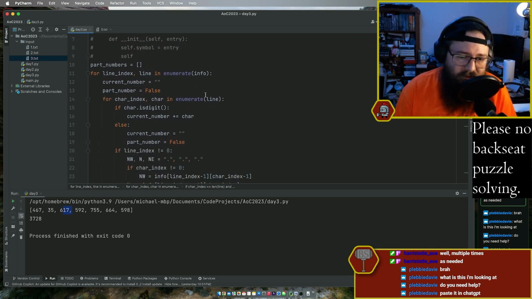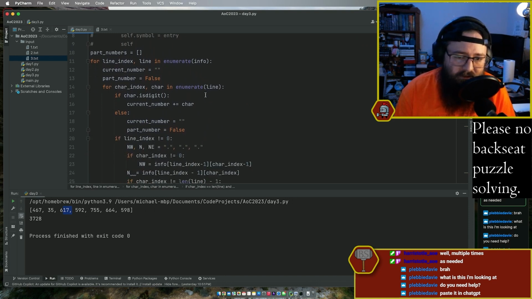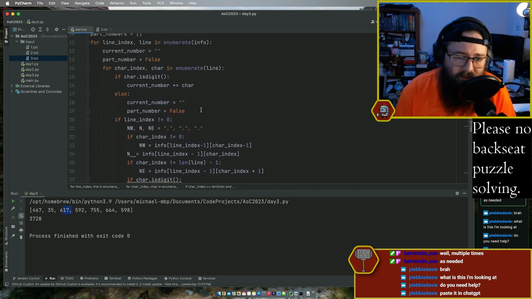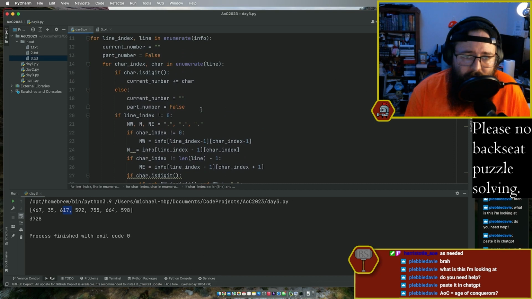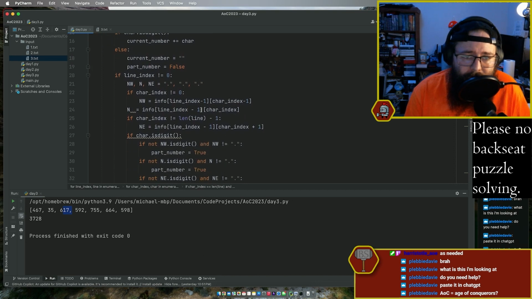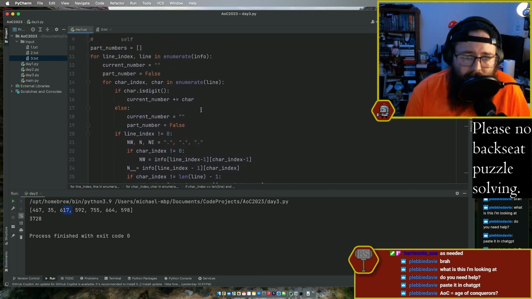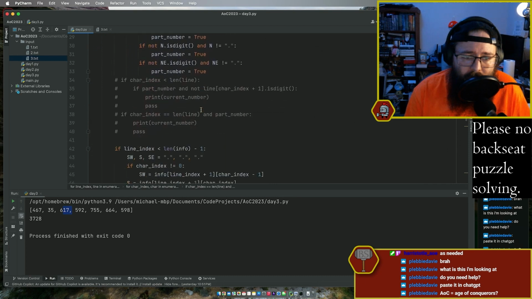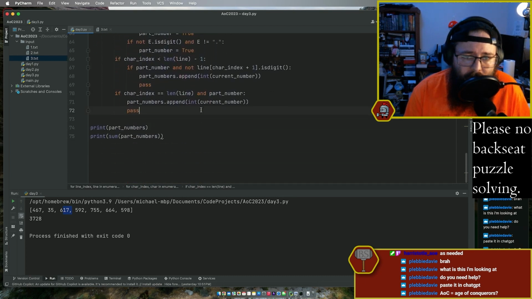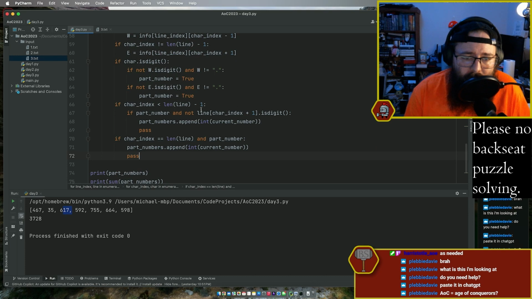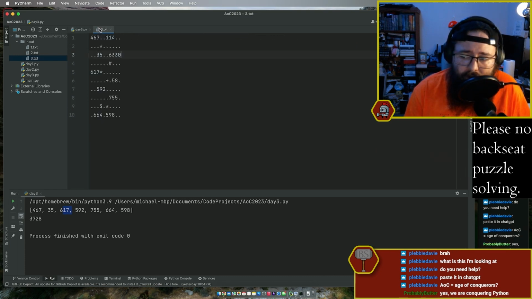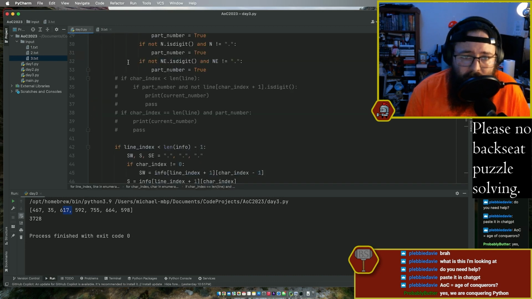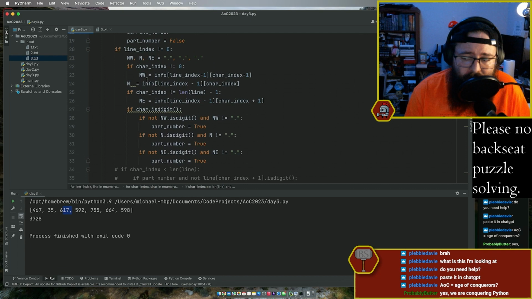If the digit... what is turning it off? Making it not a part.